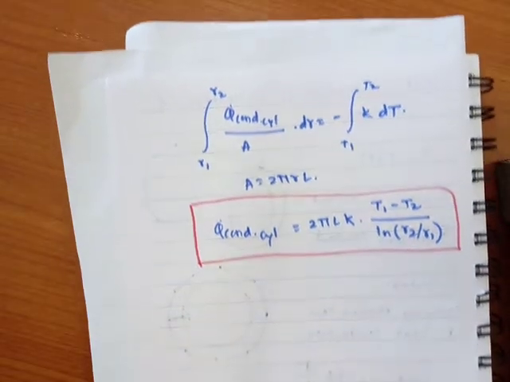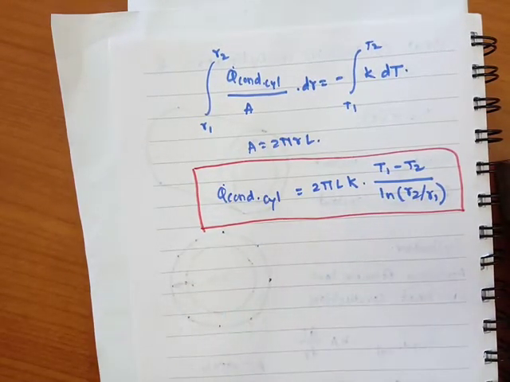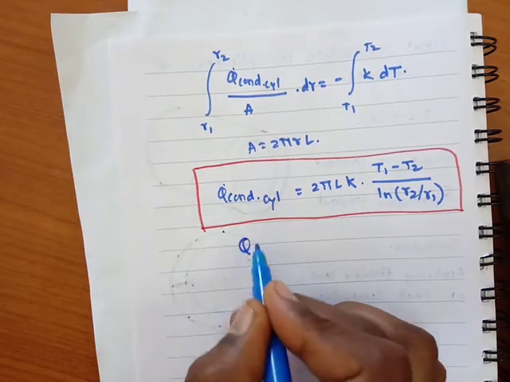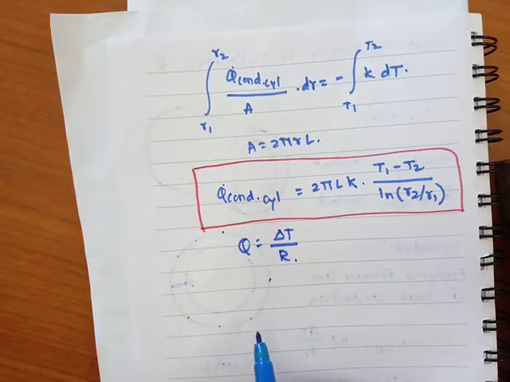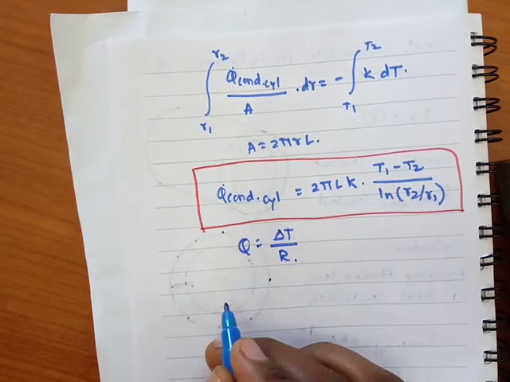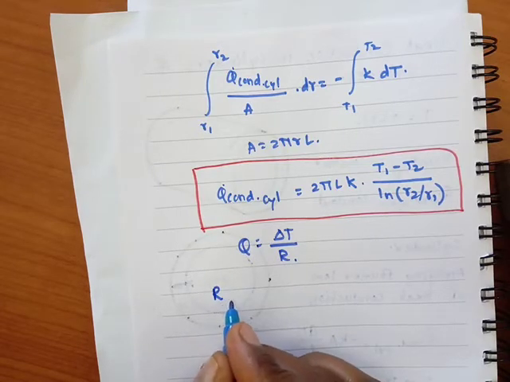Now if you convert this formula into a thermal resistance, just like Q is equal to delta T divided by resistance, and compare these two formulas, you will get the resistance of the cylinder.